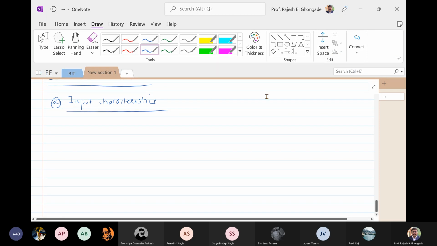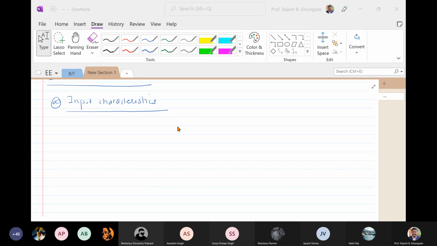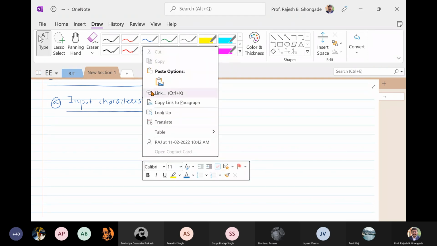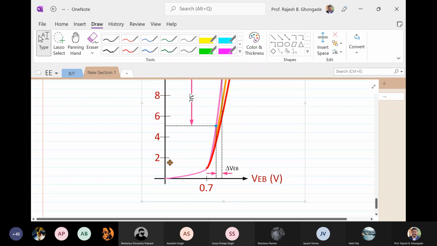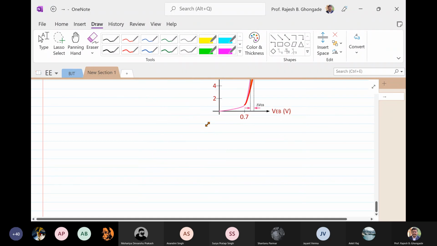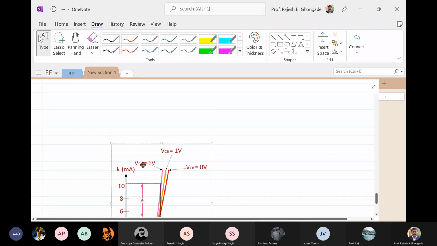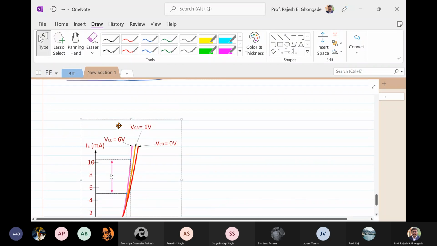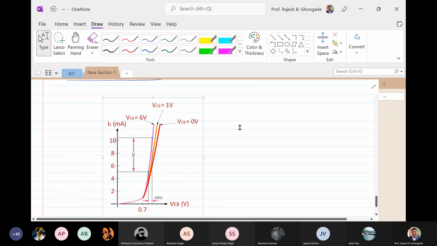Okay, let us see how the input characteristics look. Let me fetch the... So is this characteristic visible to all of you?